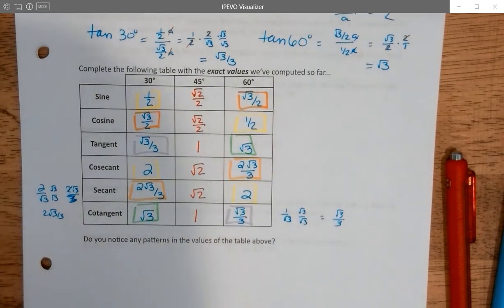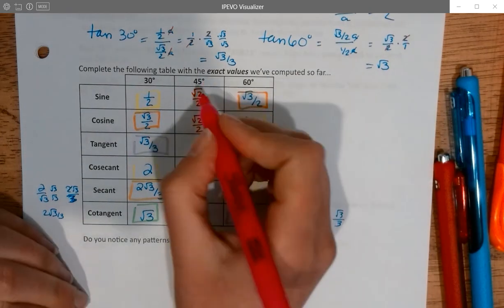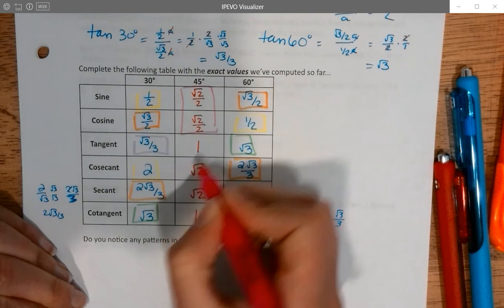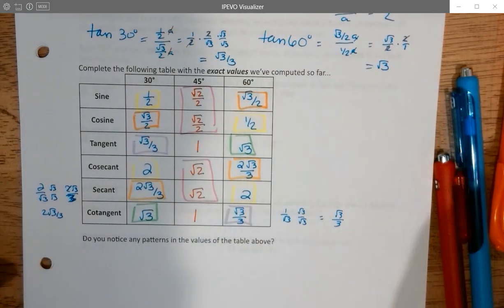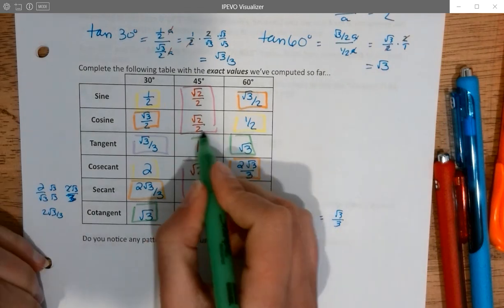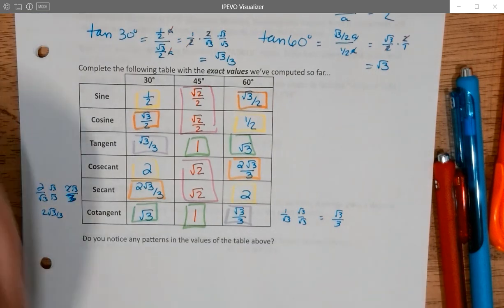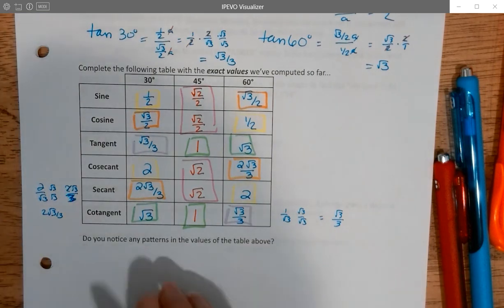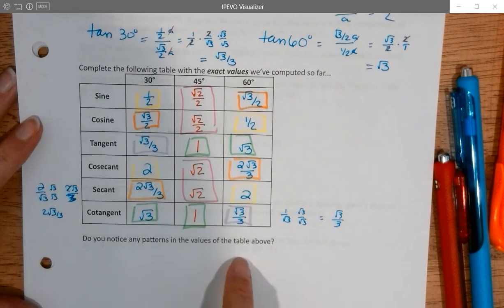And then for the sine and cosine at 45, I have less to remember because they are going to group up with each other as well. So, do I notice any patterns in the values above? There are so many patterns, but those can help us remember them. There's going to be another piece in the next couple pages that are going to talk about cofunctions and reciprocal functions as well.